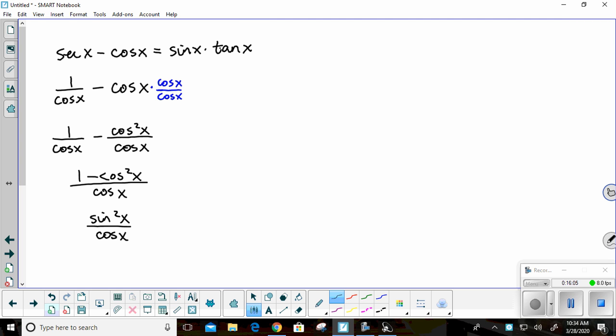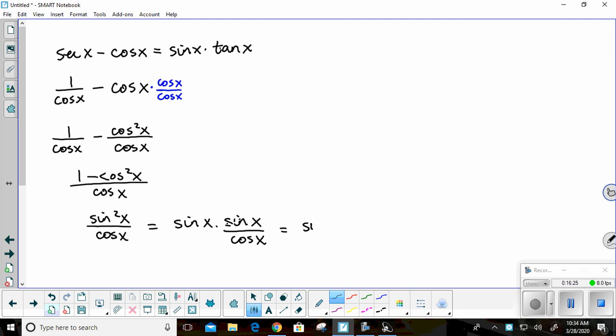Well, sine squared x over cosine x, I can pull a sine out of the top. This is sine x times sine x over cosine x. Well, isn't sine x over cosine x tangent x?